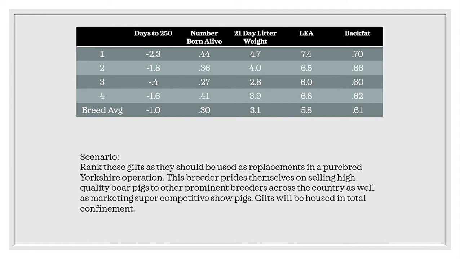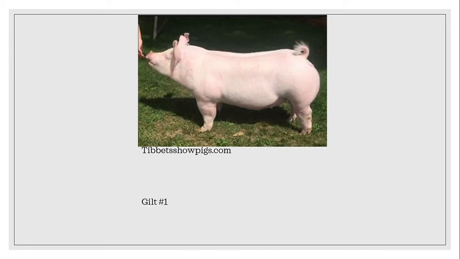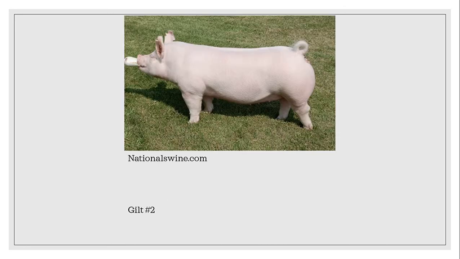Here is your set of EPDs and your scenario there at the bottom. Here is gilt number 1. Gilt number 2.